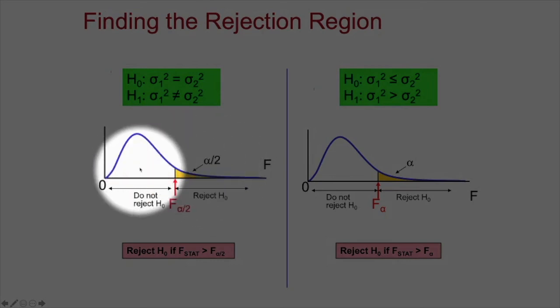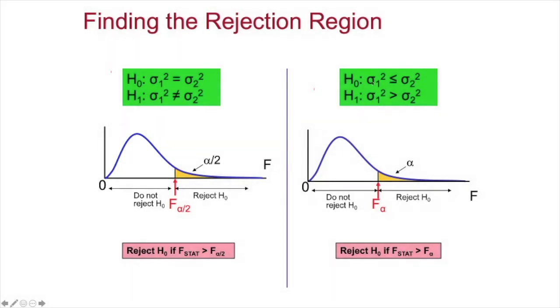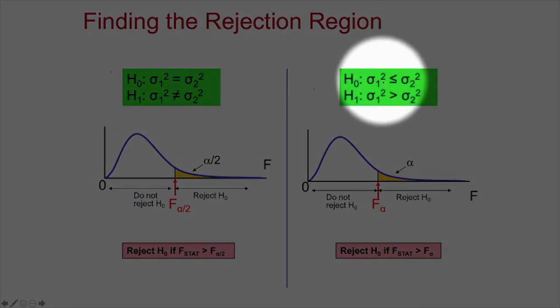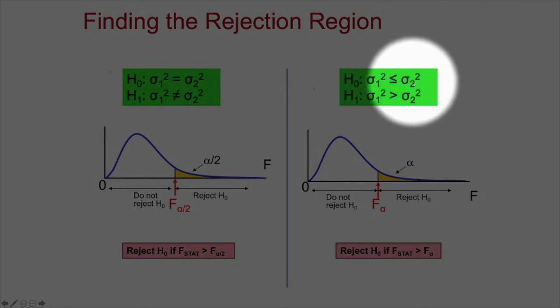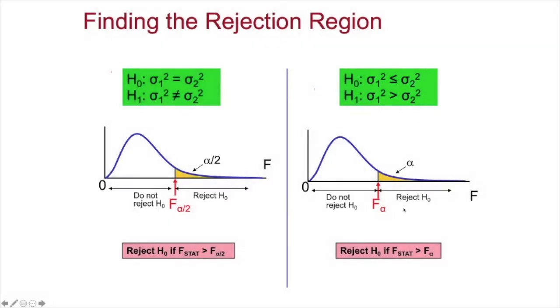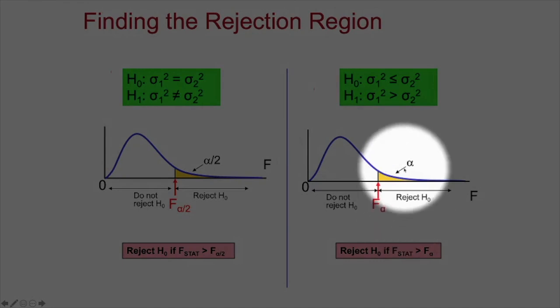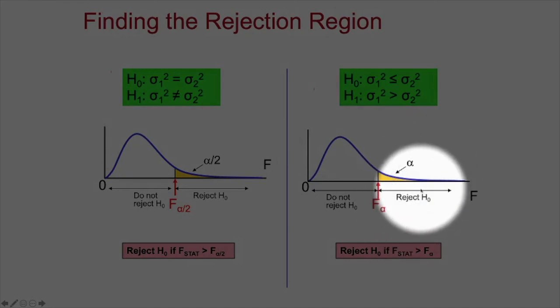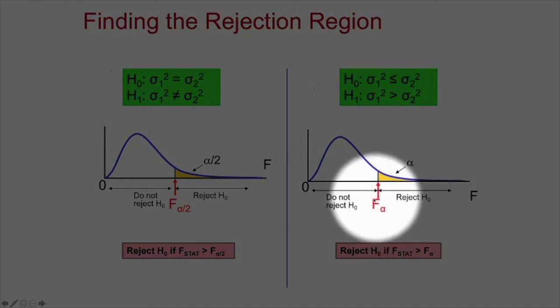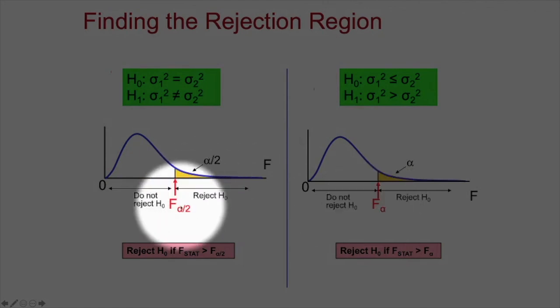And we fail to reject down here. Now for an inequality test, where we test sigma 1 squared less than sigma 2 squared, we are also going to reject in this same area up top here, except in this case, we're going to reject above F of alpha rather than F of half of alpha, okay?